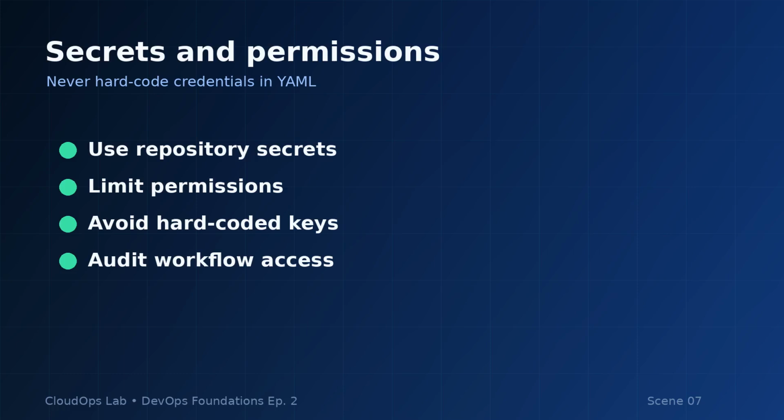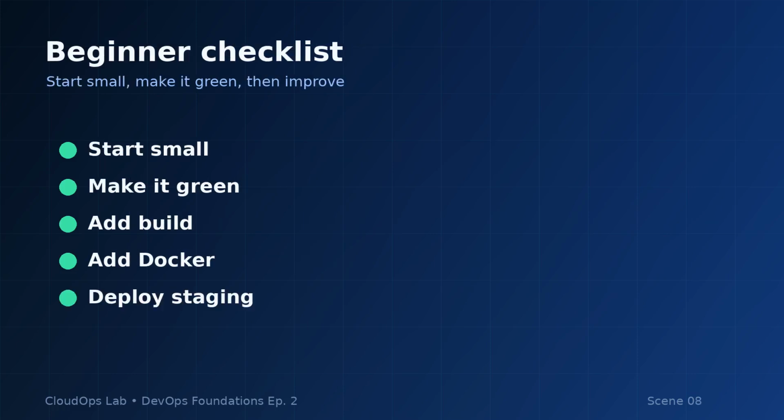Another important concept is permissions. A workflow should only receive the permissions it needs. If a workflow only reads code and runs tests, it does not need broad write access. Start small, make the pipeline pass, then tighten and improve it. The most common beginner mistake is trying to build the perfect pipeline on day one.